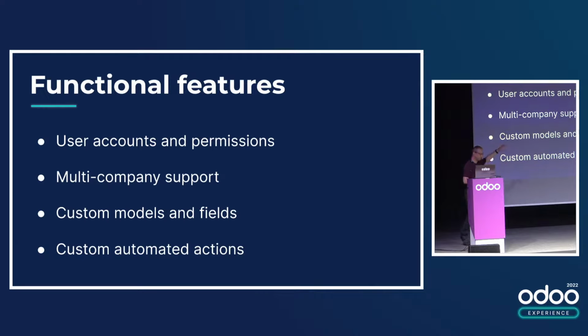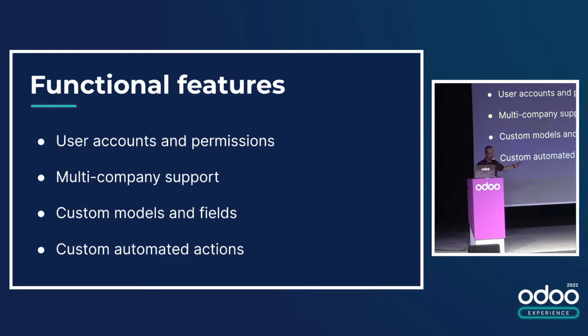We also have multi-company support, but maybe that's a detail, but for running a business, it's very useful, of course. And this is something you don't find in Django. Basically, what you have in the database reflects what's in your code. So you cannot dynamically say, oh, the user wants an extra field, I'm going to add an extra field. No, you'd have to modify the code to do that.